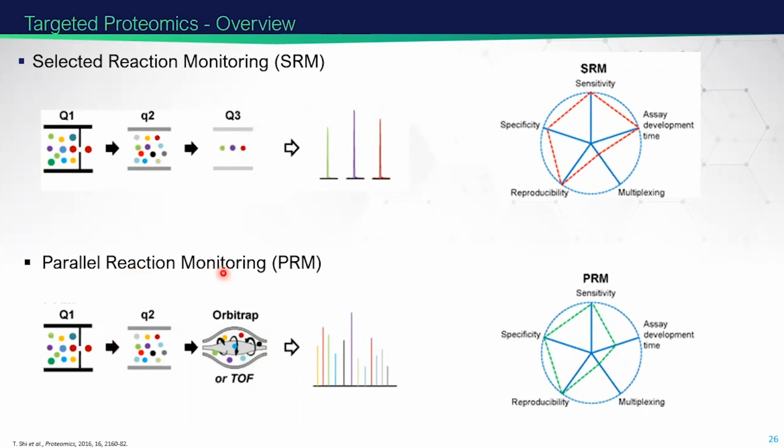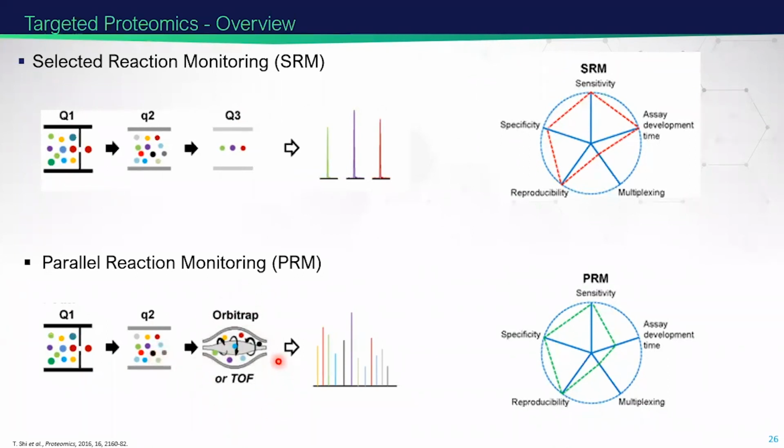And for parallel reaction monitoring, you can use Q1, which is a quadrupole again, to select precursor ions, or molecular ions, of peptides. In Q2, you can do collision and fragmentation.